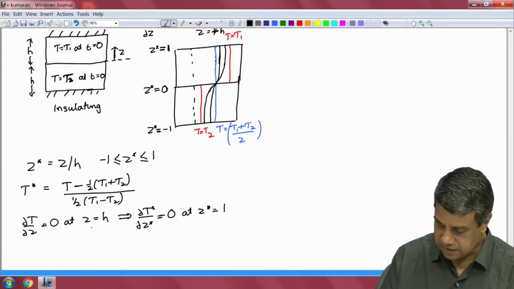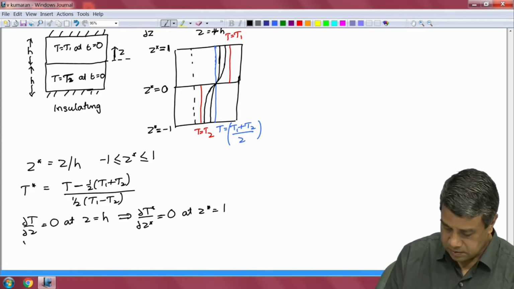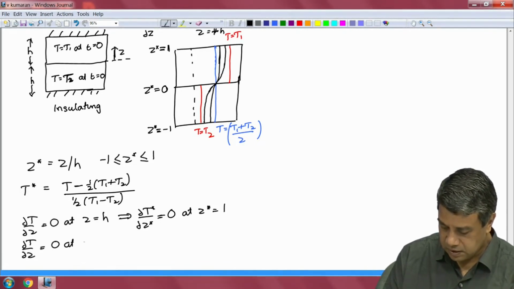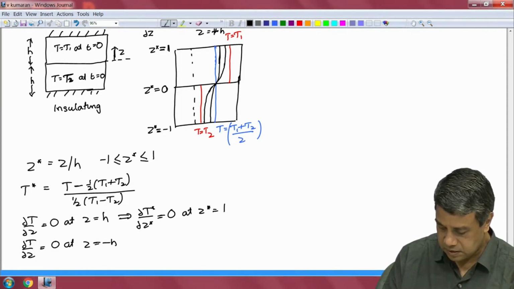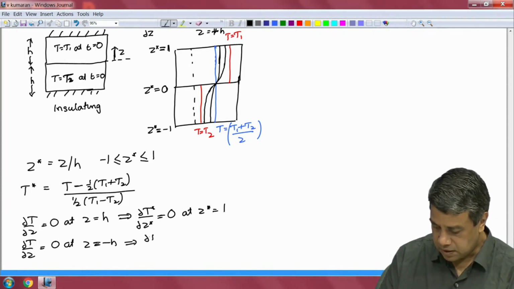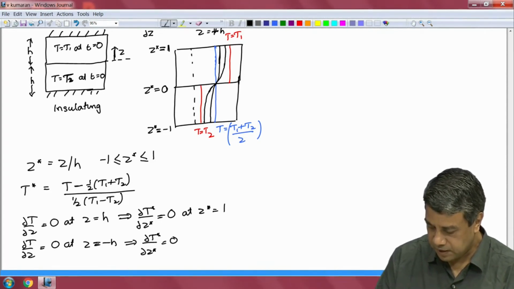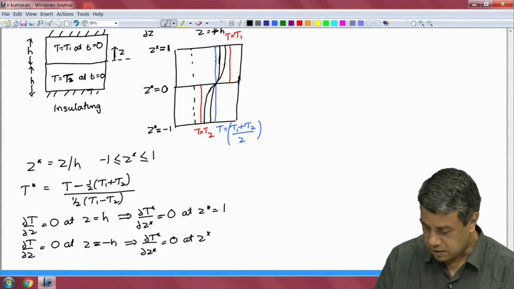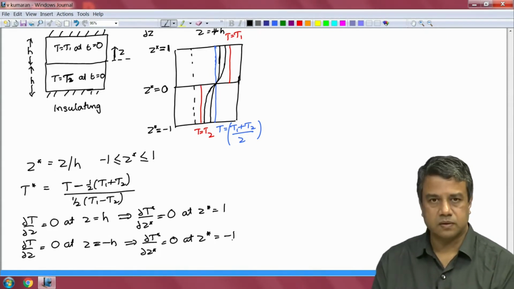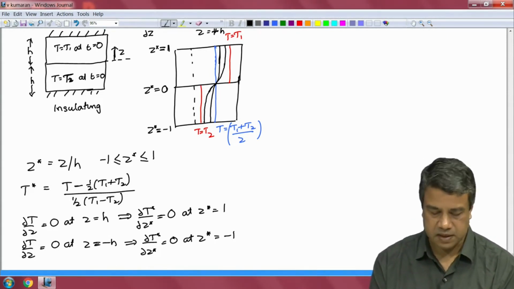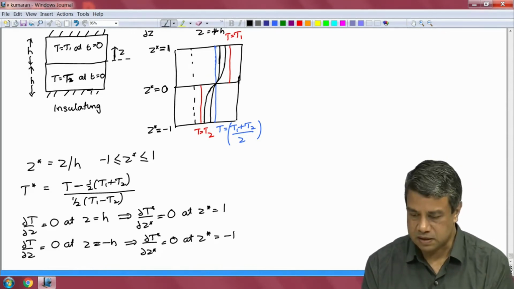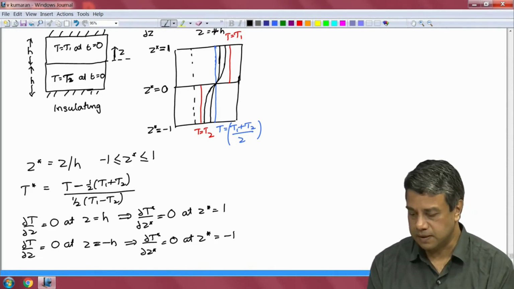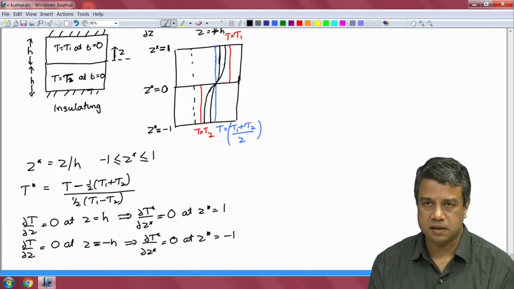The bottom surface similarly, partial T by partial Z is equal to 0 at Z is equal to minus h, which implies that partial T star by partial Z star is equal to 0 at Z star is equal to minus 1. So, those are the boundary conditions that have to be satisfied: zero flux at the top surface, Z star equals 1, and zero flux at the bottom surface, Z star equals minus 1.